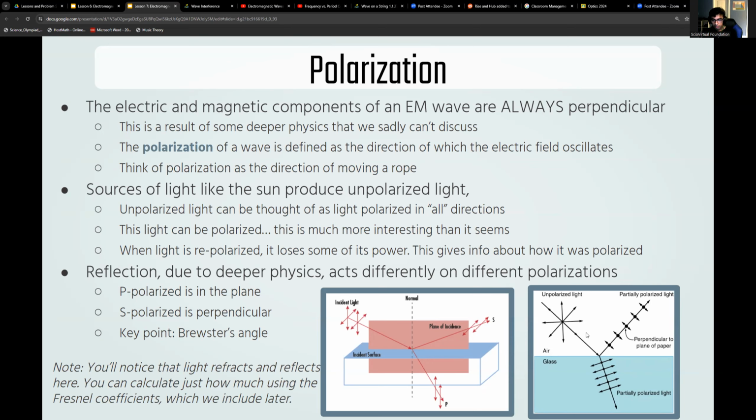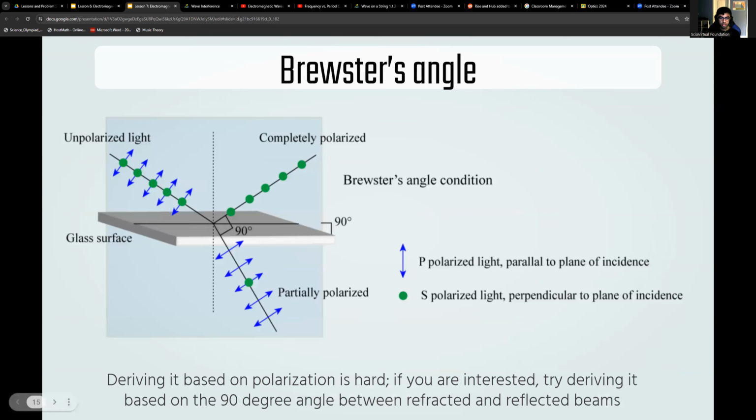So at Brewster's angle, which is going to be this angle right here, a couple of interesting things happen. Our unpolarized light goes into the refracting situation and reflects out completely s-polarized light. These green dots are completely s-polarized light. Now, our refracted wave will have mostly p-polarized light, but it's not going to be completely p-polarized.